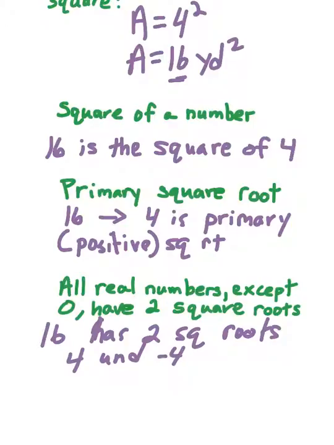That's because when you square 4, that equals 16, and when we square negative 4, that equals 16.